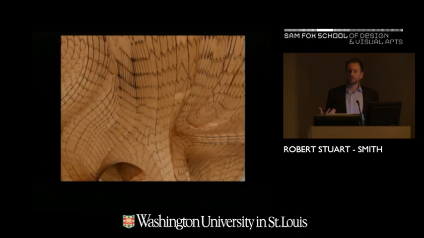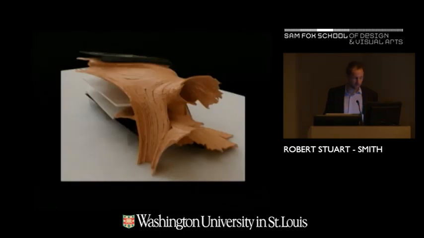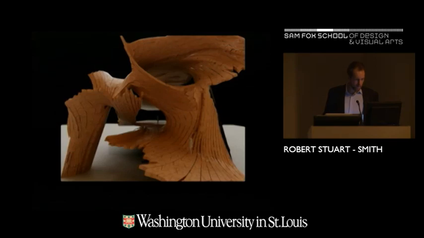So it's trying to fuse tectonics and design intent within one type of design methodology. And it's a little bit chunky at the moment, but it's made out of all flat pieces of laminated timber. But there's a continuity happening through the connections of the cables.